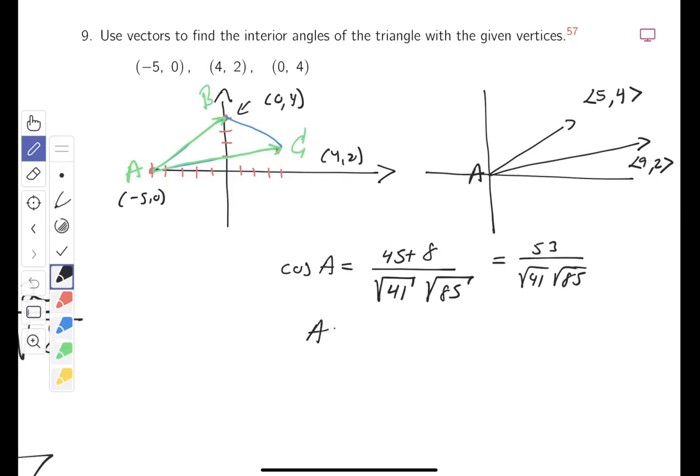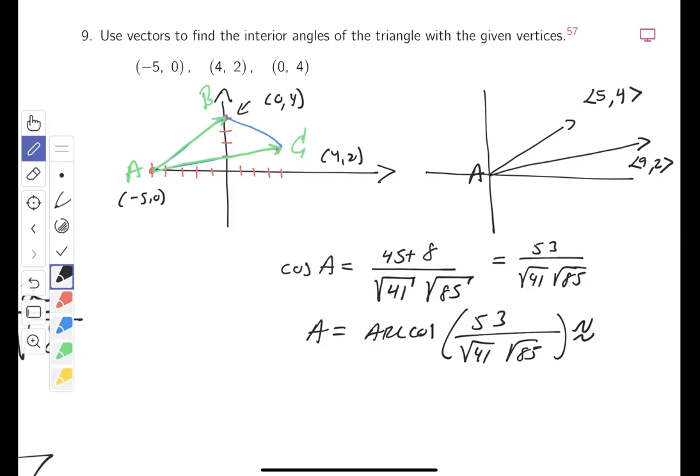What's A going to be equal to? Arc cosine 53 over root 41, root 85. I'm going to use a computer. I'm actually going to go down and look for my calculator. Give me a second to pick it up. And I'm going to just type it in. And what am I typing in?